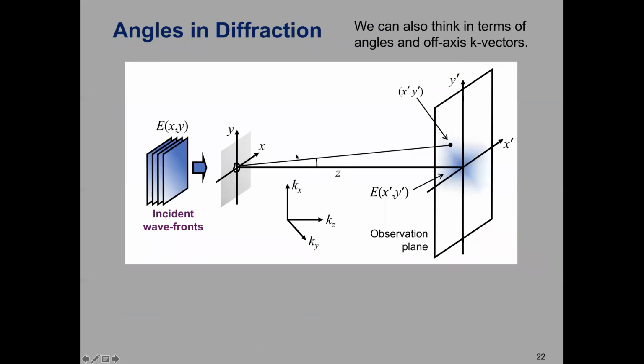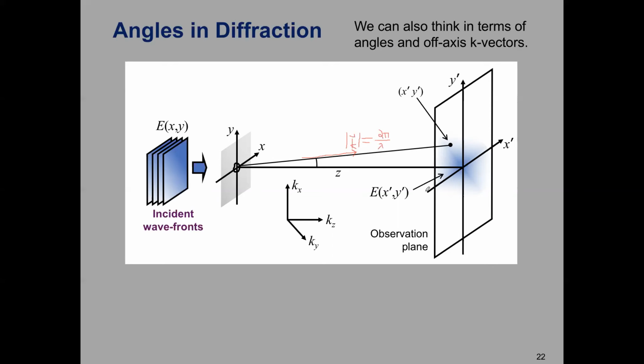So our wave vector for light going from this point here to this point here looks like this. Remember, the wave vector k points along the direction the light we're considering is traveling, and its magnitude is equal to 2 pi divided by the wavelength, just as a reminder.